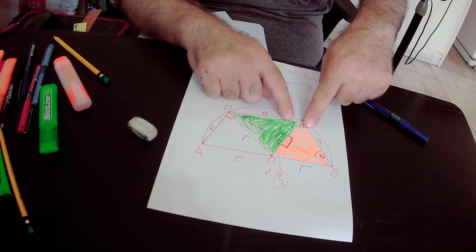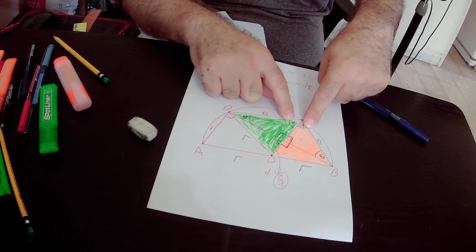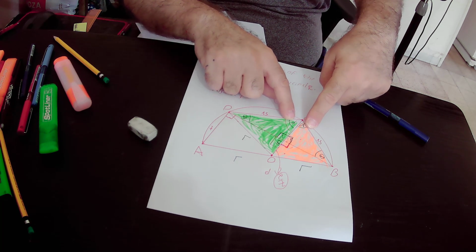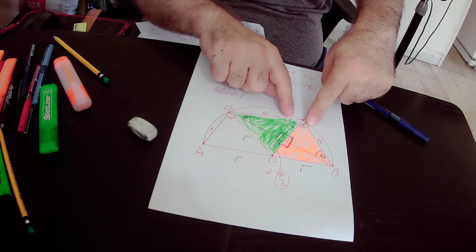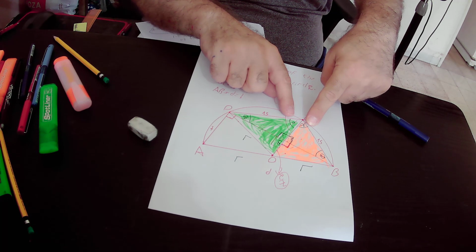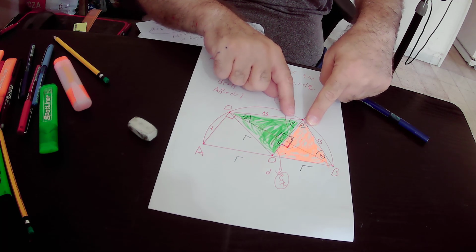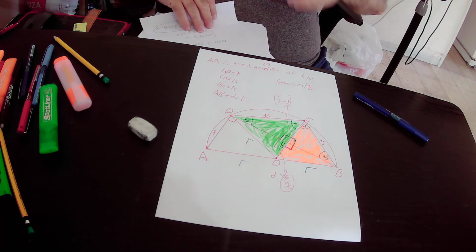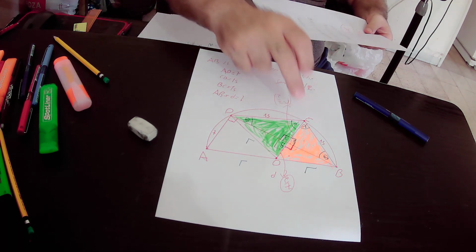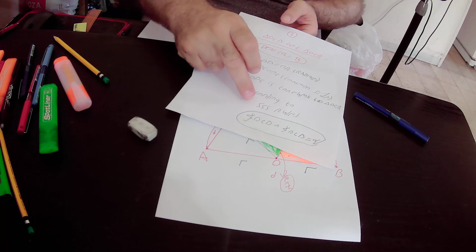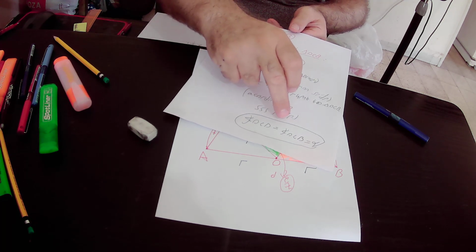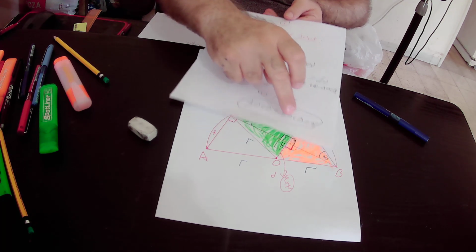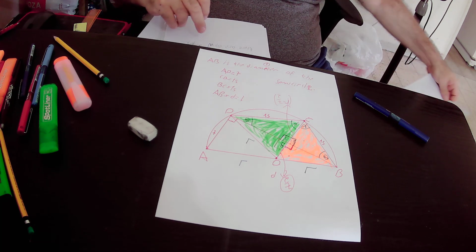Those two angles are equal to each other according to the rule that corresponding angles in congruent triangles are equal to each other. Okay? We define this angle as alpha, so angle OCD equals angle BCO. Both of those angles are equal to alpha.